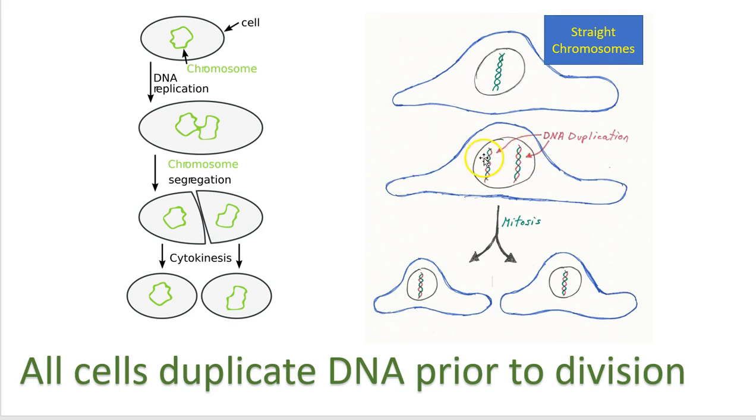So the DNA will be duplicated, and then the nuclear membrane will have to break down so that each duplicate DNA molecule can get into the daughter cells, and then the daughter cells will rebuild a nuclear membrane. That process is called mitosis, the nuclear duplication and division of the nucleus. But it's the same principle.